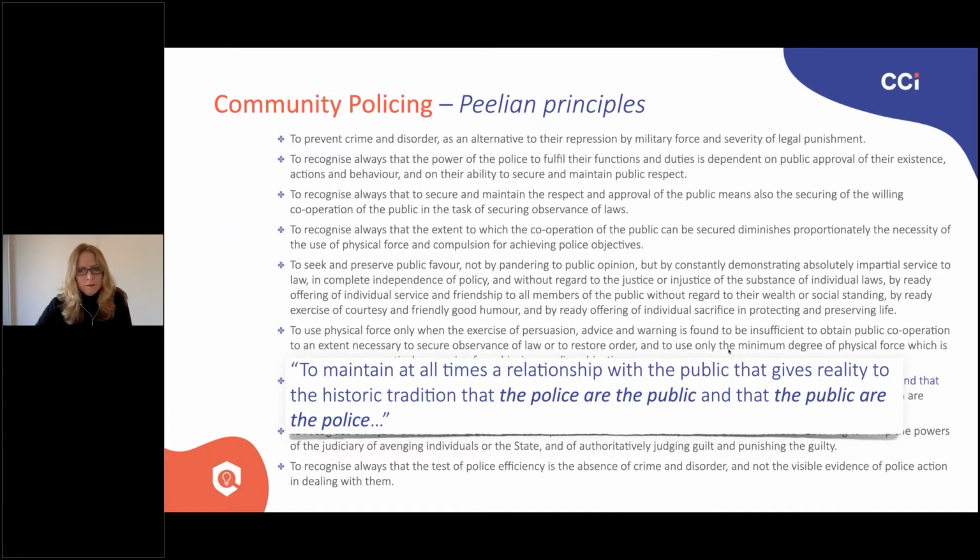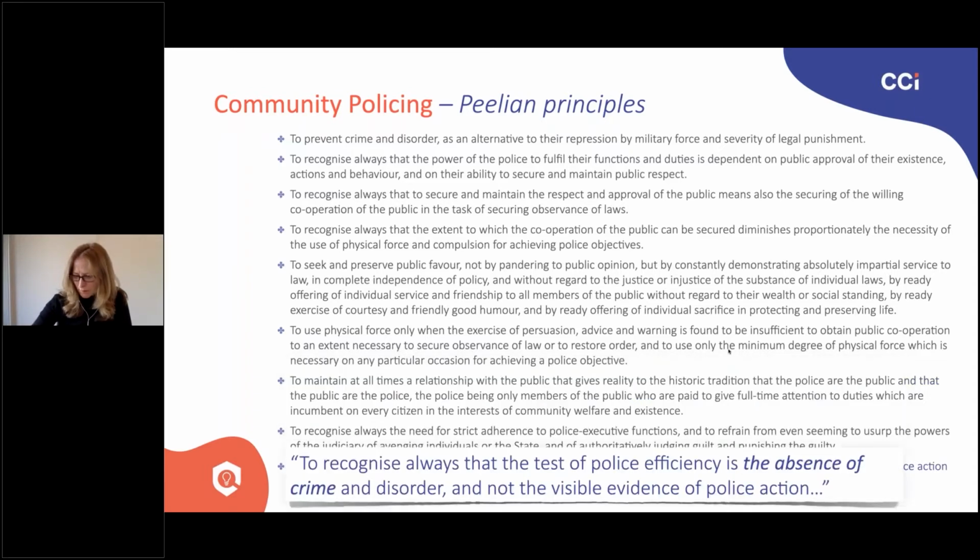So this was a civilian police force, and the only difference was that the police were paid and were wearing a uniform, but it was about that relationship with the public. And finally, to recognise always that the test of police efficiency is the absence of crime and disorder and not the visible evidence of police action. So again, a focus on preventing crime in the first place rather than high-profile repressive police action.